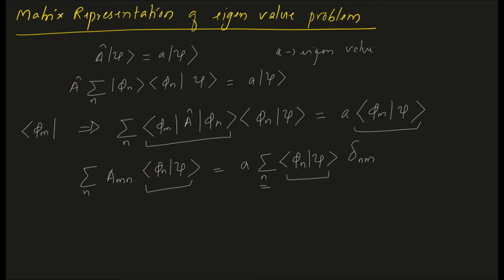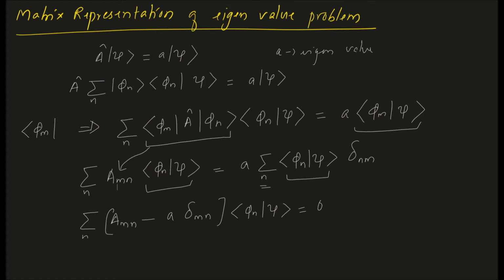So this can be rewritten as summation over n, A_mn minus a delta mn, into bra phi n psi is equal to 0. Okay. So A_mn is the matrix element given by the product of these matrices. Okay. So this is the equation that we get.